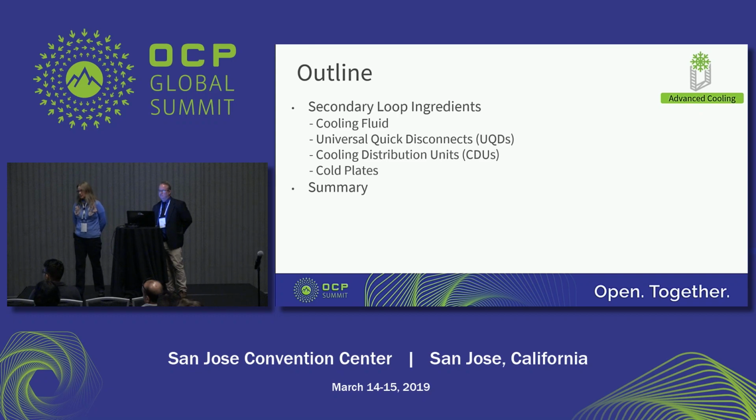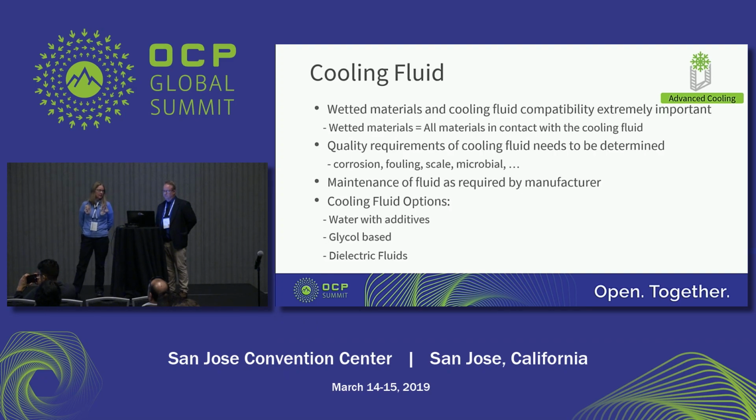So the outline of the rest of the presentation is talking about these four secondary loop ingredients: the cooling fluid, the UQDs, the CDUs, and cold plates, and then summarizing in the end. And really, everything starts with the cooling fluid, the selection thereof.